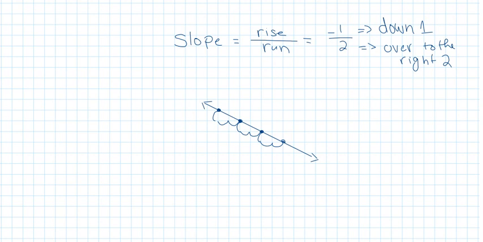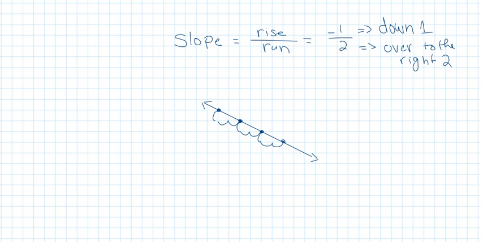Now the question is, where's my first point? How can I find my first point, or where do I start? This is where the y-intercept comes in. I start from the y-intercept.